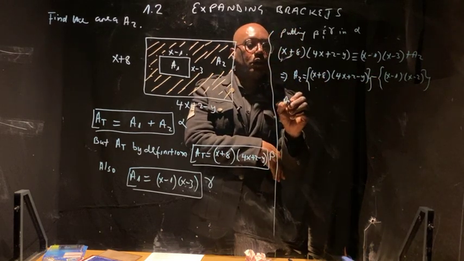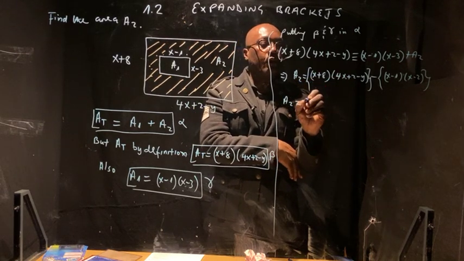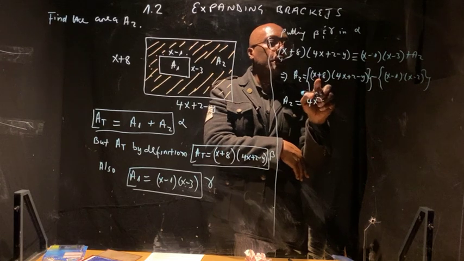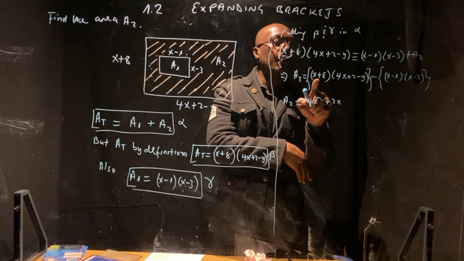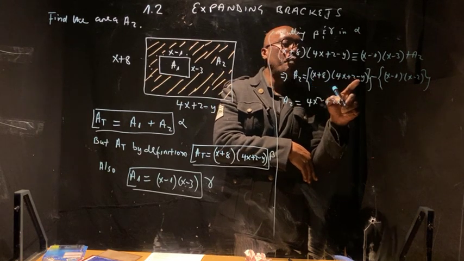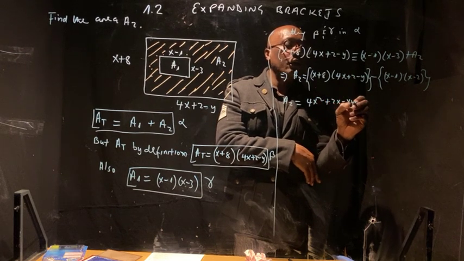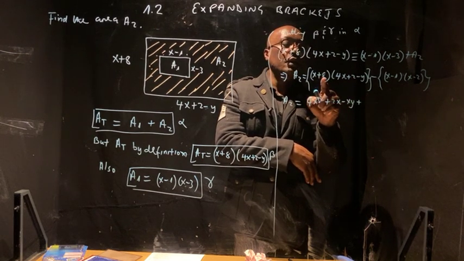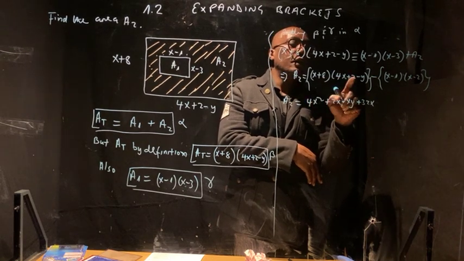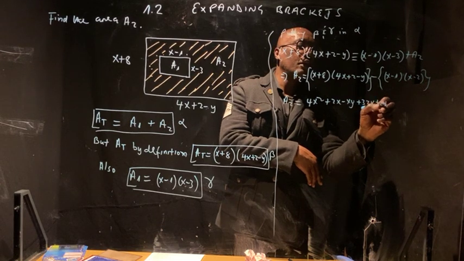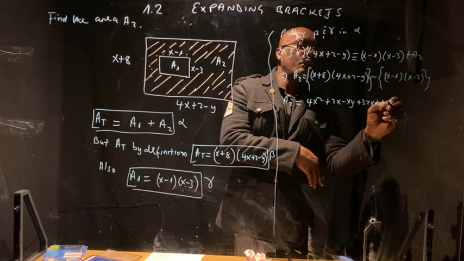A2 is equal to x times 4x, you have 4x squared, x times 2, you have plus 2x, x times minus 1, you have minus xy. Then you have 8 times 4x, you have 32x. 8 times 2, you have plus 16. 8 times minus 1, you have minus 8y.